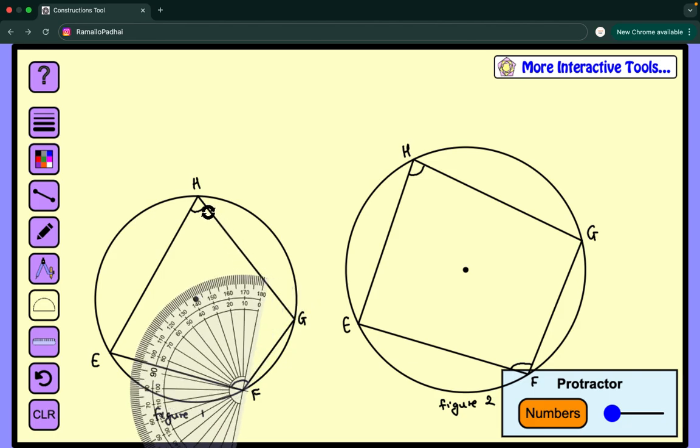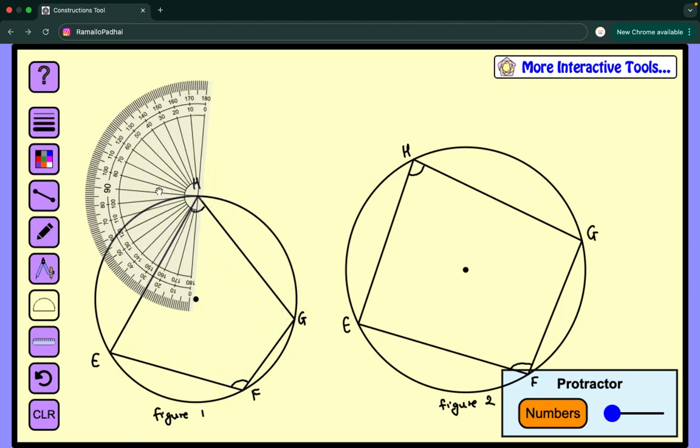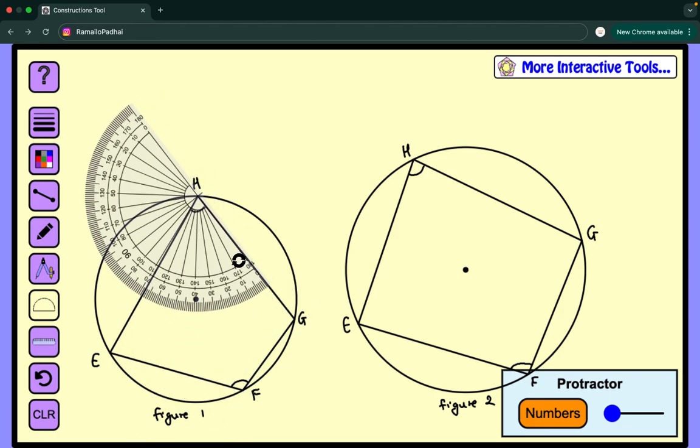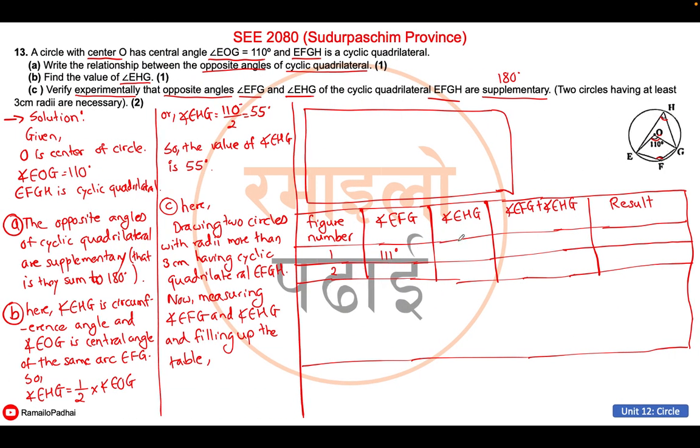The other angle, for 180 we need 69 degrees, I think. Yeah, and this is 69. Okay, so 111 plus 69 equals 180 degrees.